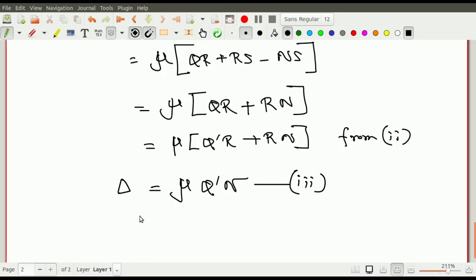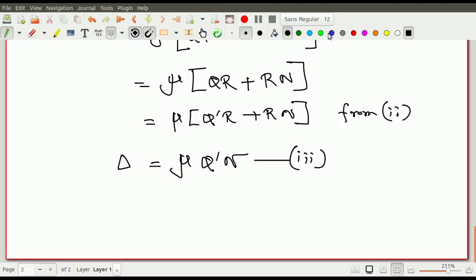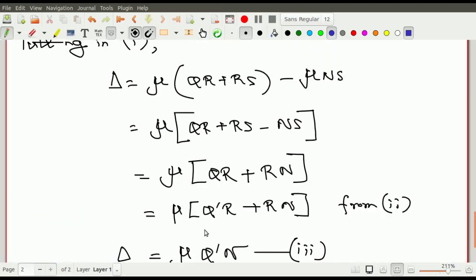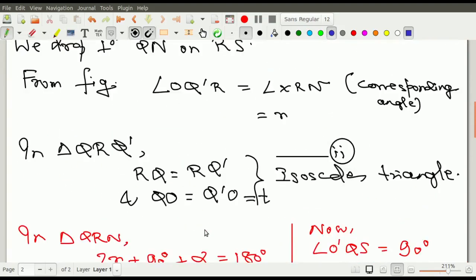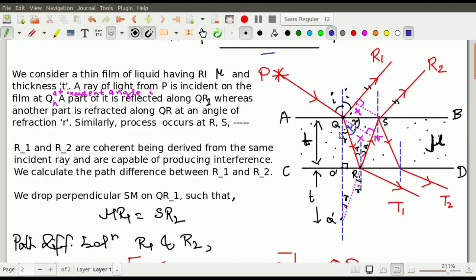Now from there, in triangle Q dashed N, try to find out cosine of R. This entire triangle that I block up is a right angle triangle, and I try to find out its cosine.